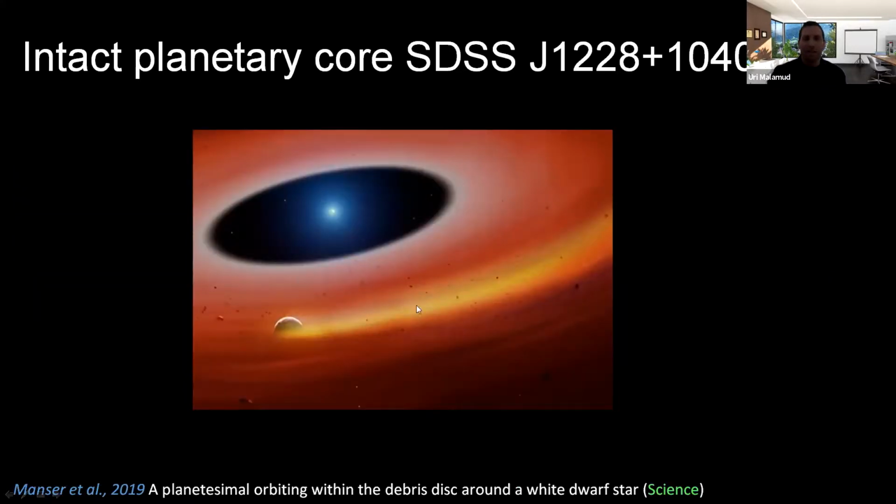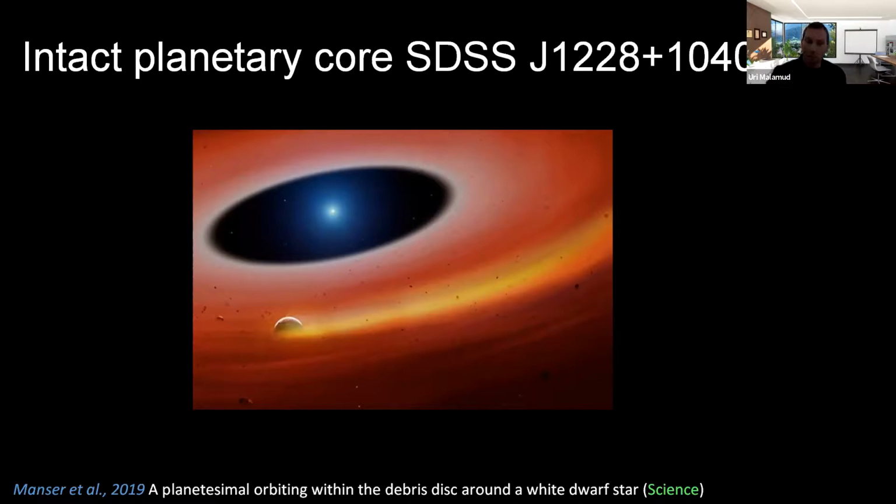Another discovery here is a white dwarf that has a disk, and it has a gaseous component. And the authors tried to follow up on this white dwarf. They were expecting to see random variation and variability in the gas emission. Instead, what they found was periodic variability.